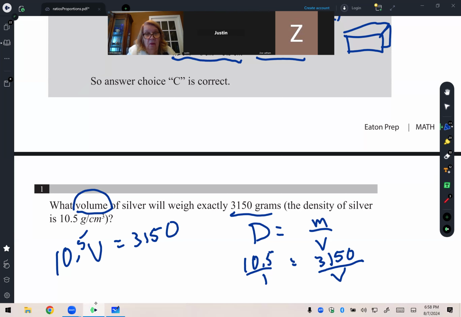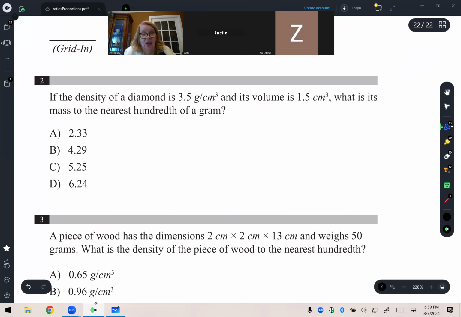And so our volume should be 300. So Zoe, Justin, did you get that? Yes. Oh, good. Zoe Latham? Yeah. Good, good. Okay, let's try another one.